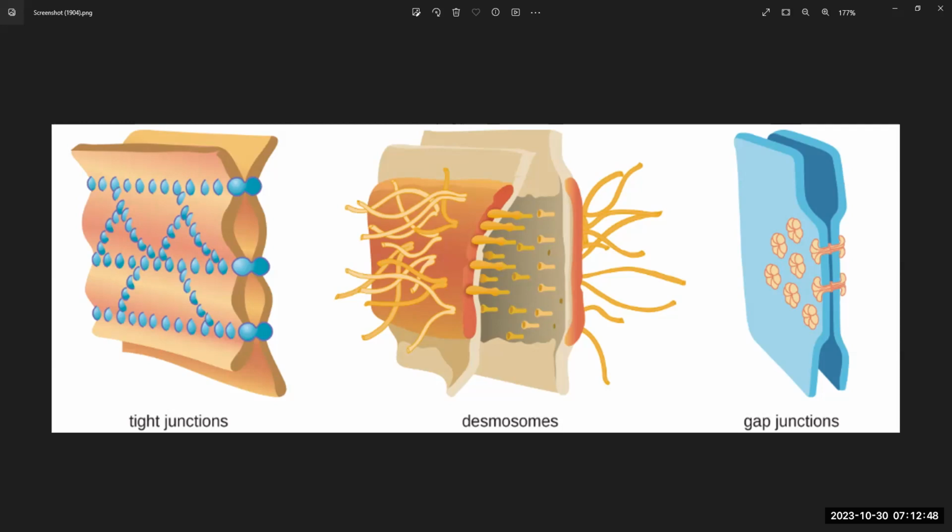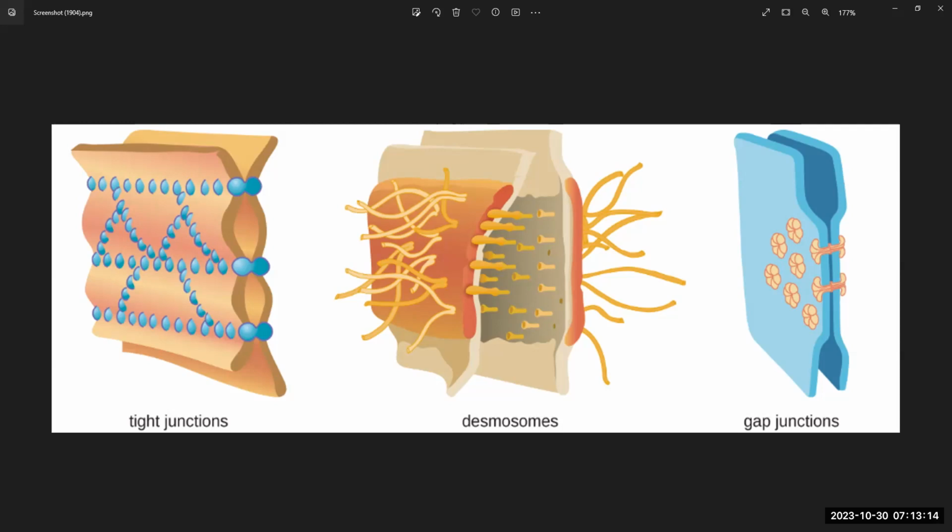Tight junctions rivet two adjacent cells together, limiting material exchange through the spaces between them, because hardly any space is available between them.